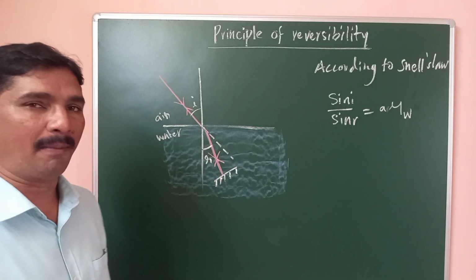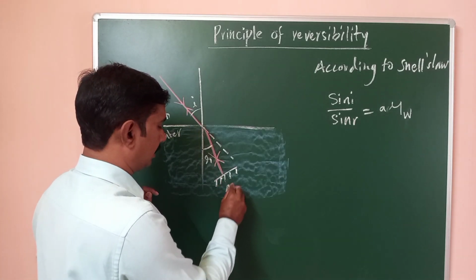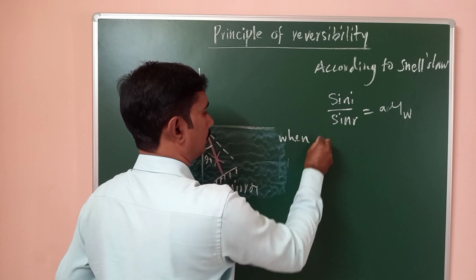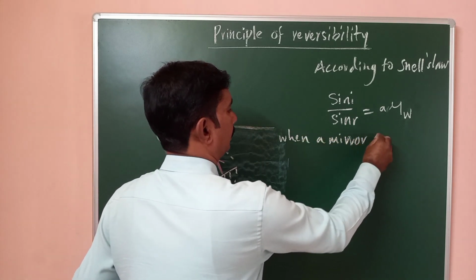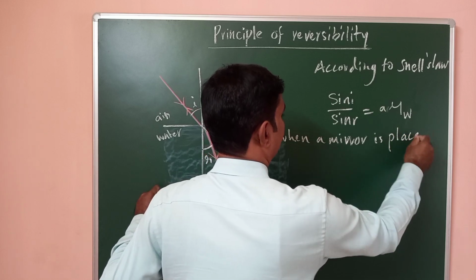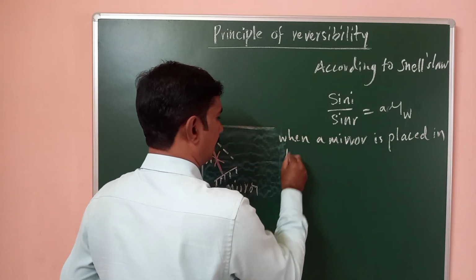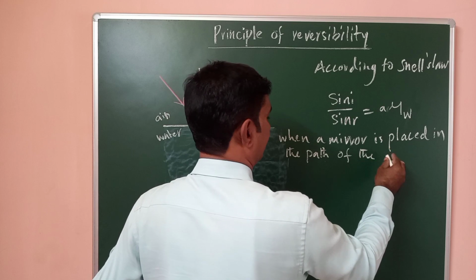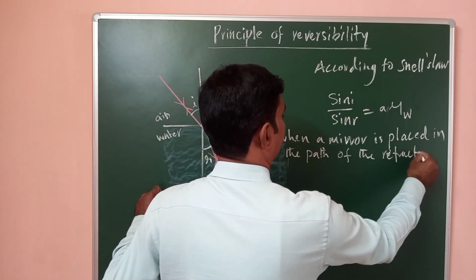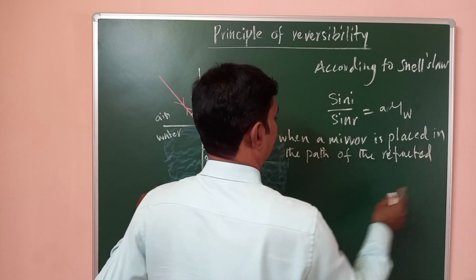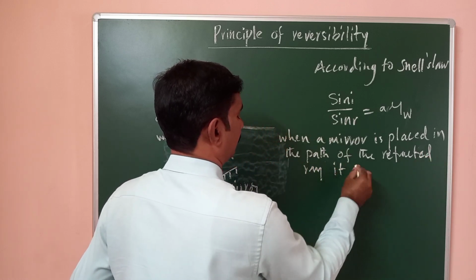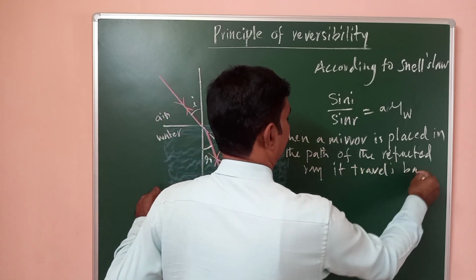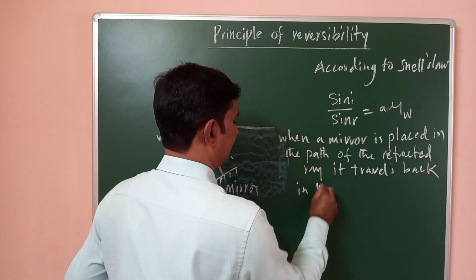That is, when a mirror is placed in the path of the refracted ray, it travels back in the same path and goes.